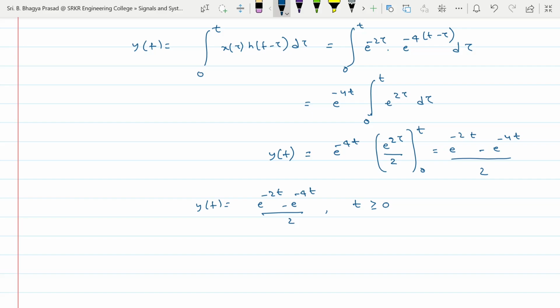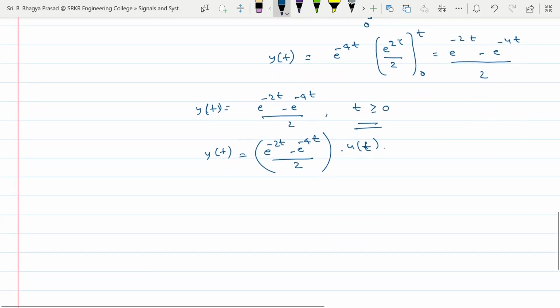This is the second case, and it is valid until t touches infinity. So that is why I represent the condition for t greater than 0, or else you can represent it as e power minus 2t minus e power minus 4t by 2 times u of t, and this exists for positive t values.